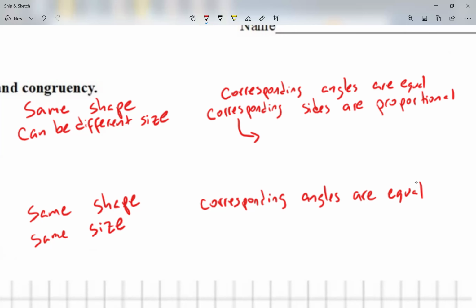We're going to say corresponding sides make equivalent fractions.